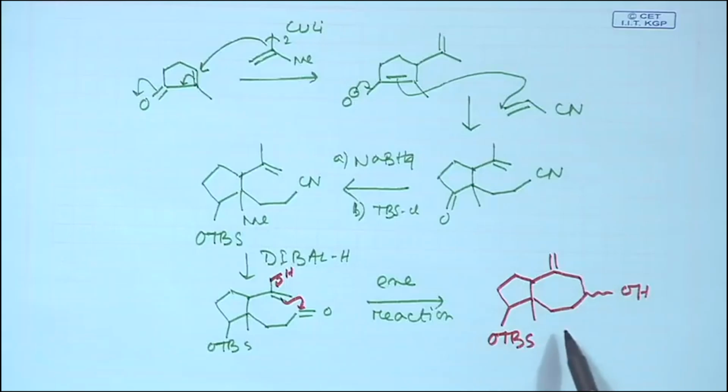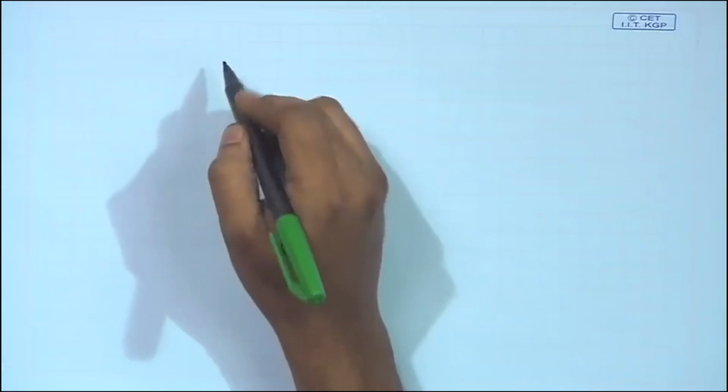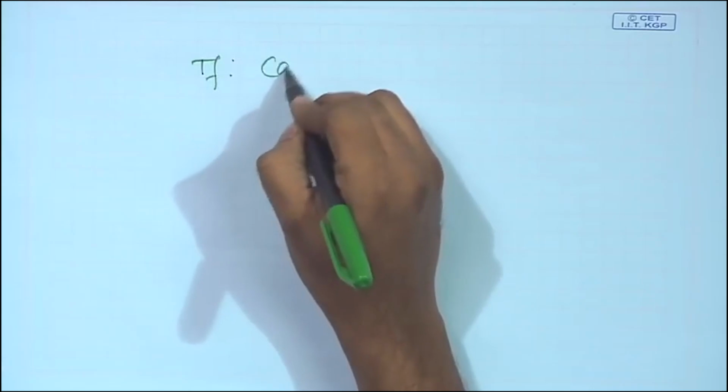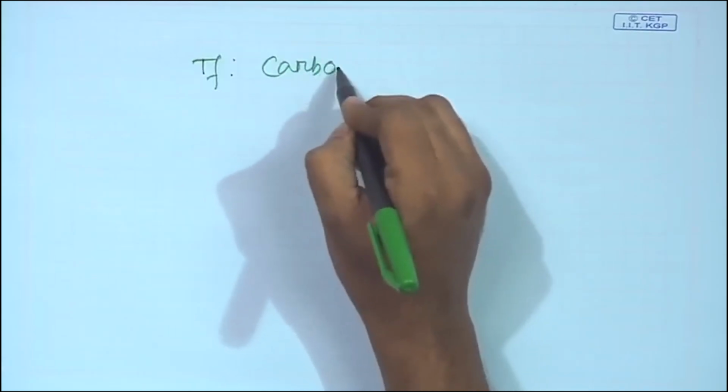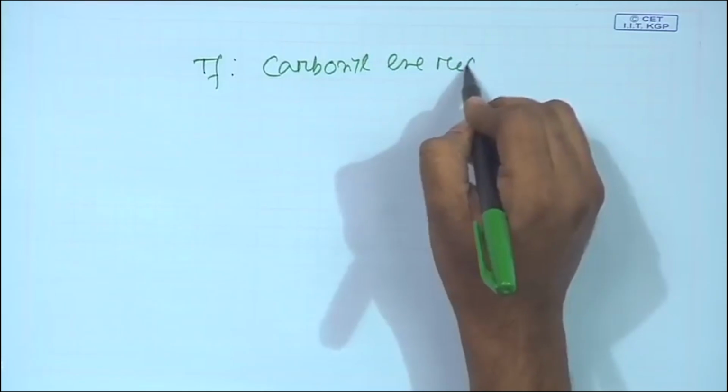Now, see, this is your target molecule. So, a complex structure, we are simplifying by using a series of reactions. The key transformation we use here is basically a carbonyl ene reaction.